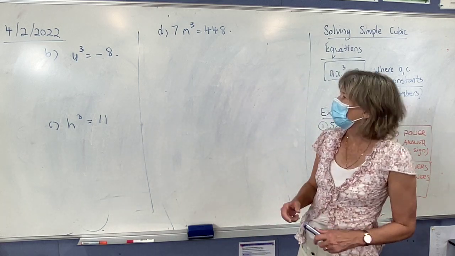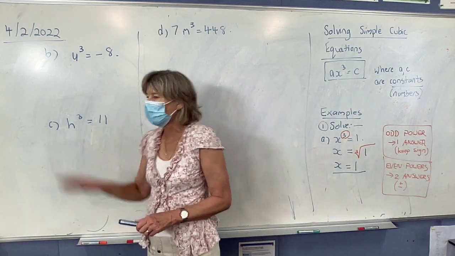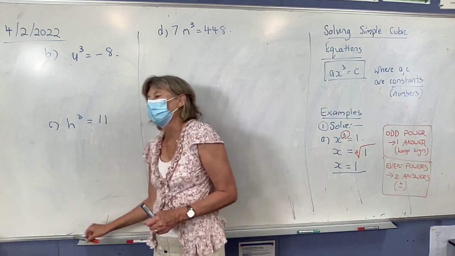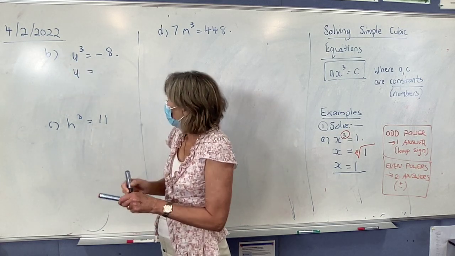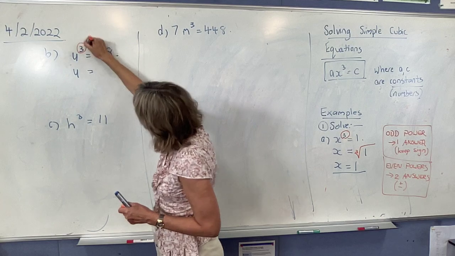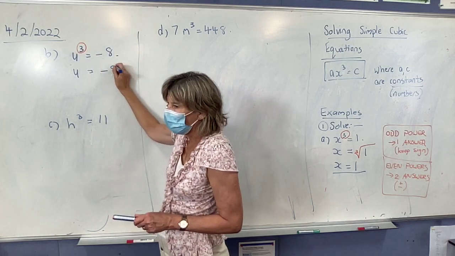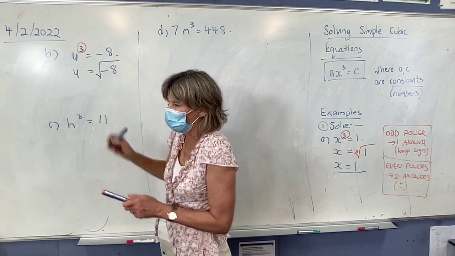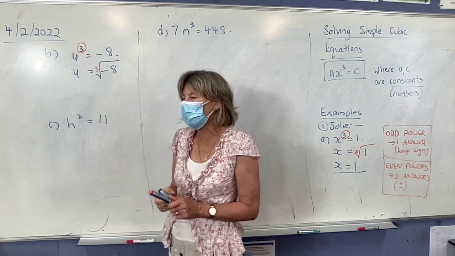All right, next one. B. Shaban. First line. U equals negative 8. U equals what? Negative 8, it's cube root. Yeah? Got a little 3 there because that had a 3. Right, did you put that in your calculator?